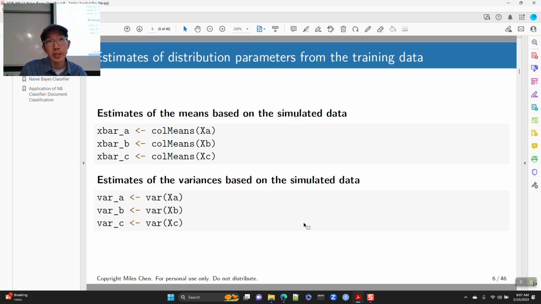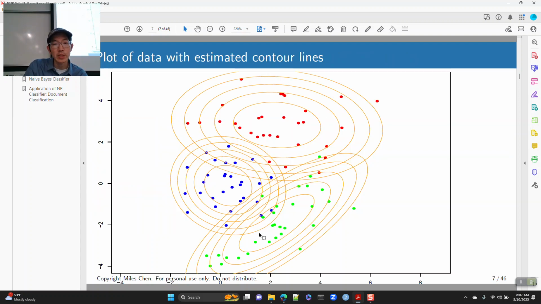The way we calculate our probabilities requires estimates of the means and variances, so we can just use the column means and variances of our simulated data. When we do that, these are the estimated multivariate normal distributions.